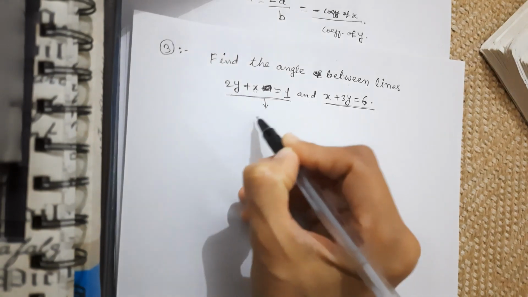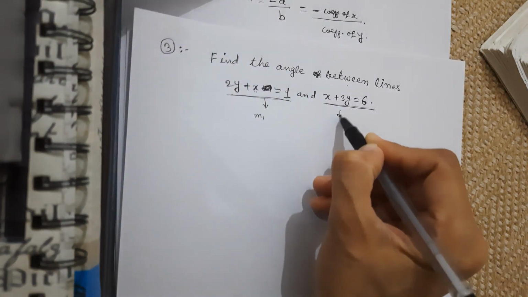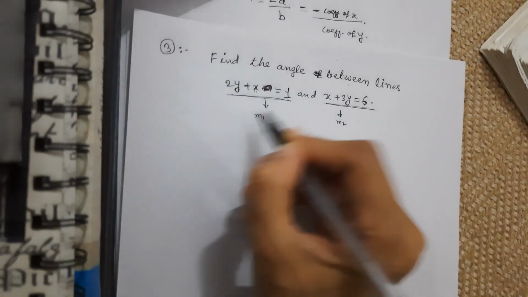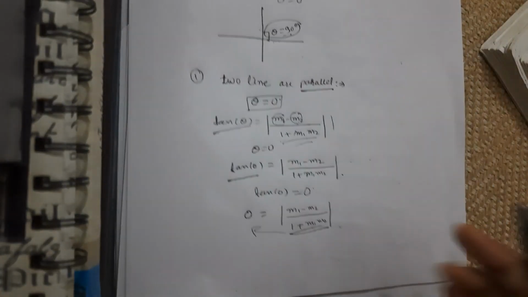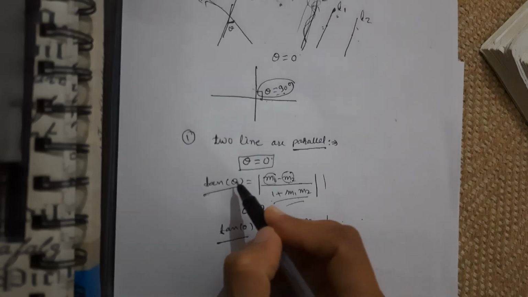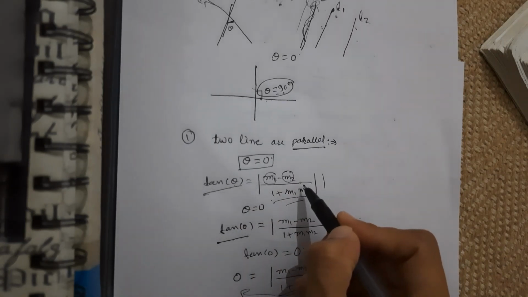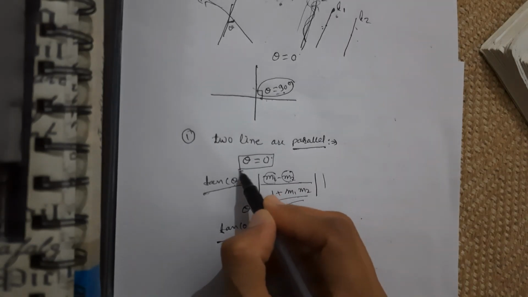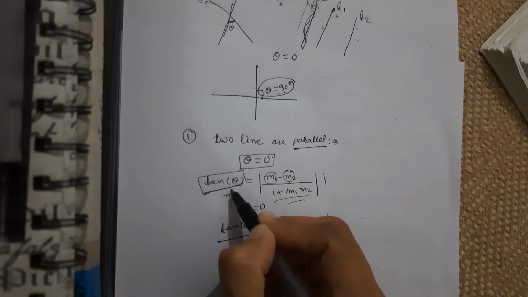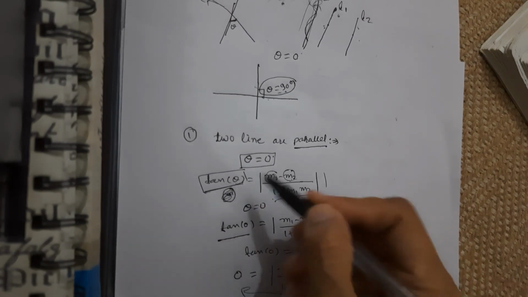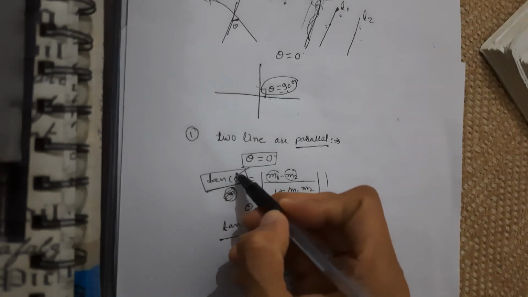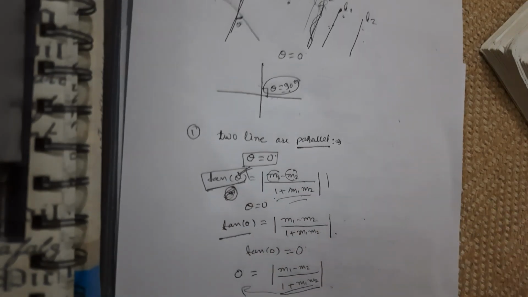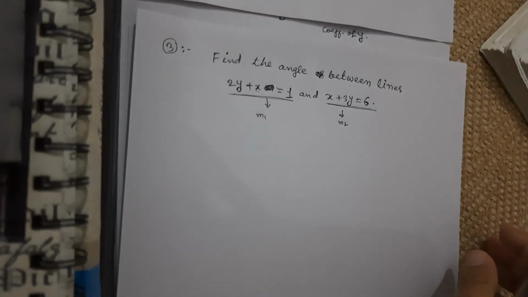Then I need to find the slopes m1 and m2 from these equations, and then I'll put these values in this formula, tan theta equal to this. In this way I am going to calculate tan theta, the angle between those two lines. Okay, clear? So now we'll start the process.